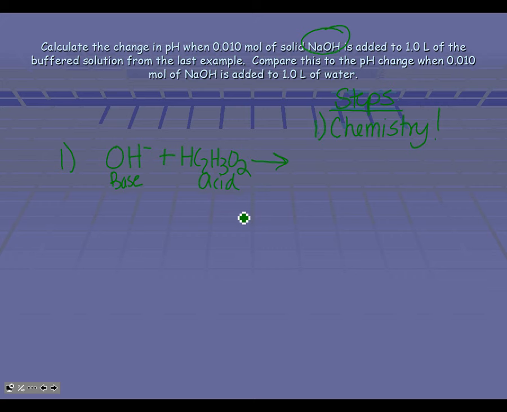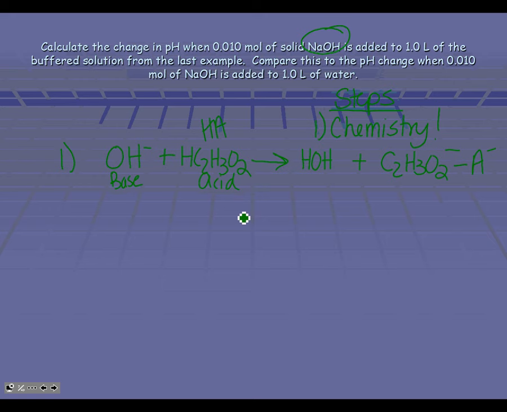I'm doing a one-way arrow here, and I'll tell you why in just a minute. The base will accept a hydrogen ion to make water, and that also leaves us with our conjugate base, the acetate. So here we've got our HA, and over here we've got our A minus. Those are the 2 components we have to have in order to create a buffered solution.